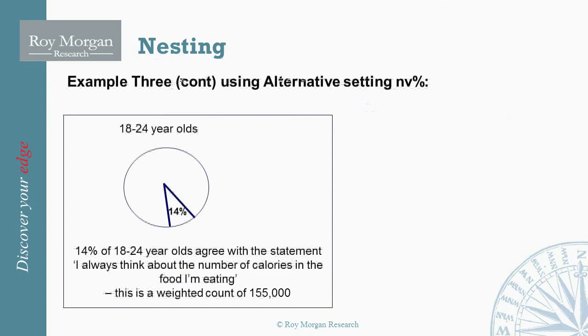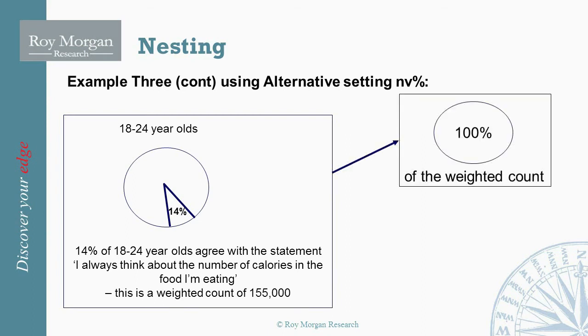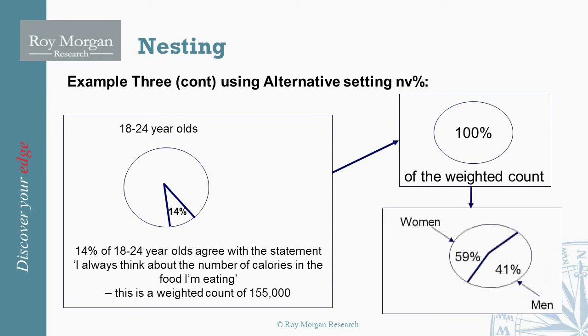To clarify that, here we have all the 18 to 24-year-olds, 14% of whom agree with the statement, I always think about the number of calories in the food I'm eating, and this is a weighted count of 155,000. So we take this weighted count and that becomes our 100%. Of this, we can say 59% of them are women, 41% of them are men.